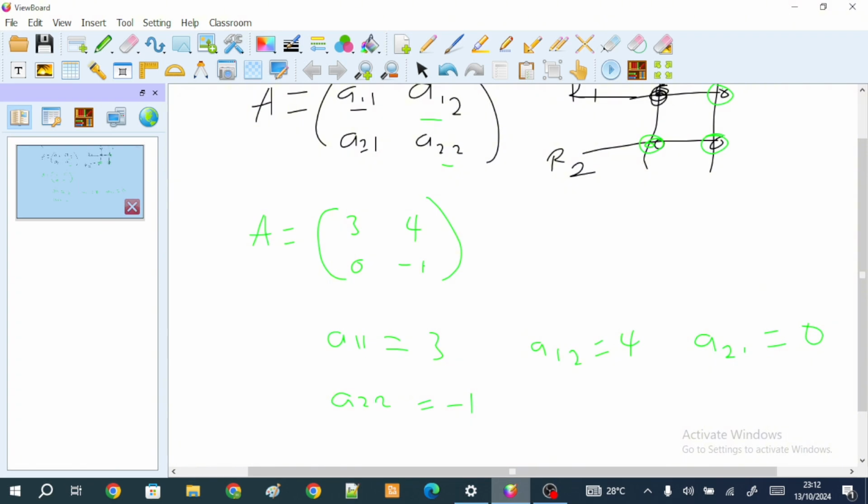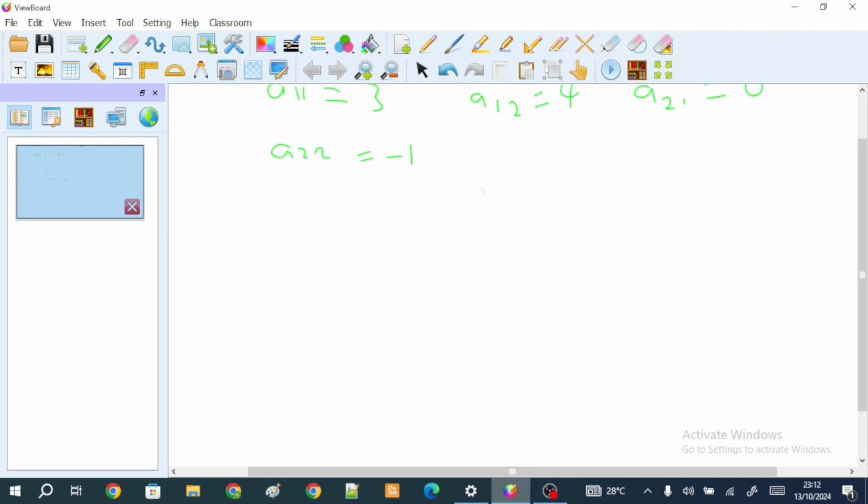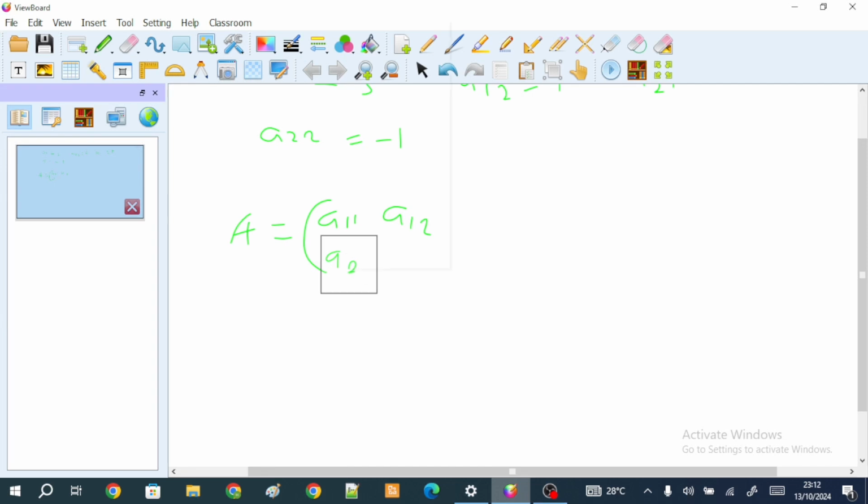Okay, the next thing we're going to talk about is the order of a matrix. When we talk about the order of a matrix, we mean how many rows the matrix has by how many columns the matrix has. So let's look at a generic matrix A again, which by now we should know will have A11, A12, A21, and A22.